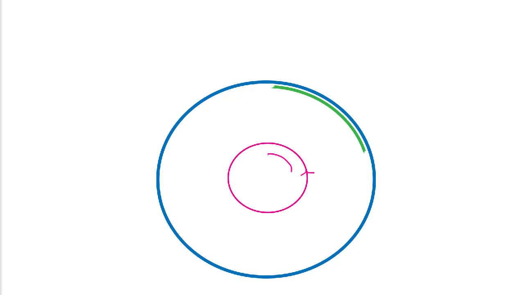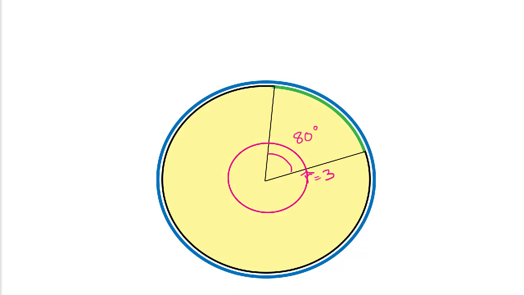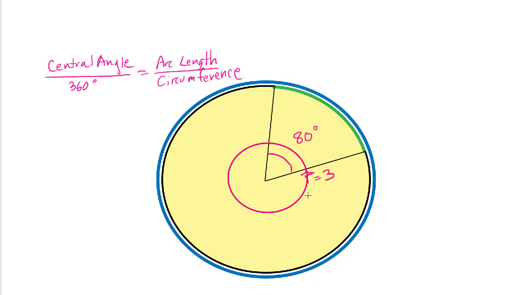Note the green to blue is essentially the same ratio as my 80 degree angle measure to a full 360 rotation around a circle. And that's the equation we're going to set up to solve for missing arc lengths. The central angle to 360 degrees, a full rotation, is the same as the arc length in green to a full circumference, the full distance around the circle.